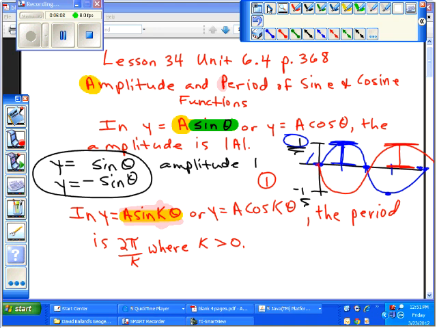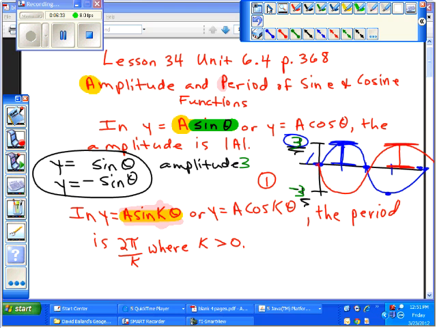So with a given amplitude, we get two possible choices of an equation. The positive of A sine theta and the negative of A sine theta. Okay? So let's say we had a sine wave with an amplitude of 3. Now all that really means is that it went from negative 3 to positive 3.